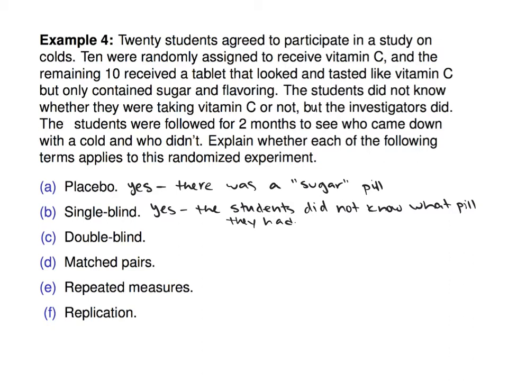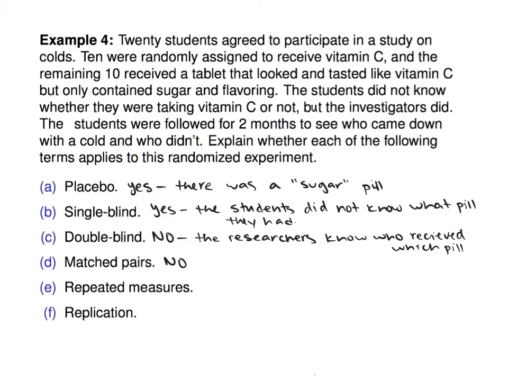Is it double blind? So to be double blind, the students and the researchers both must be in the dark about who has what. And the answer is no, because the researchers knew who received which pill. And then matched pairs. No, there was no mention of matching people based on various characteristics.